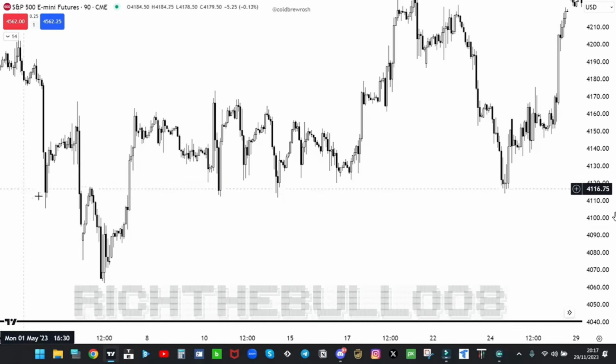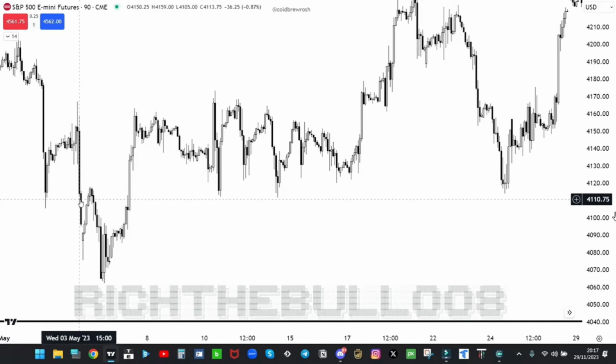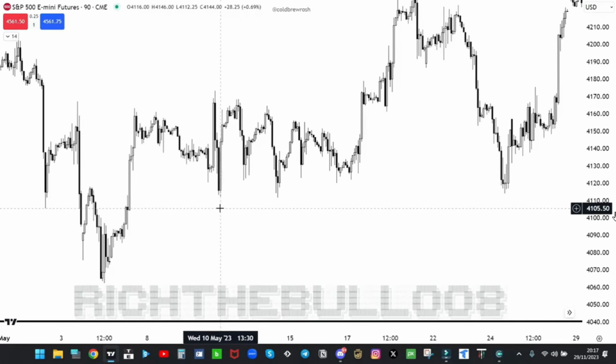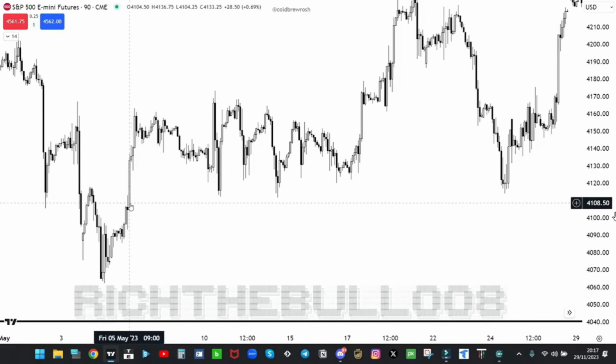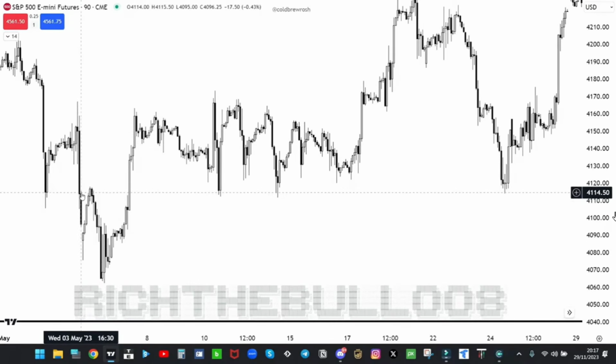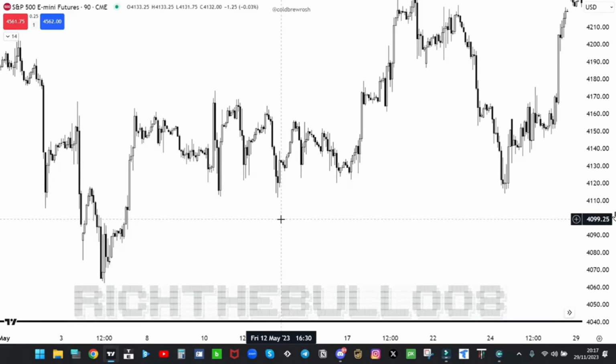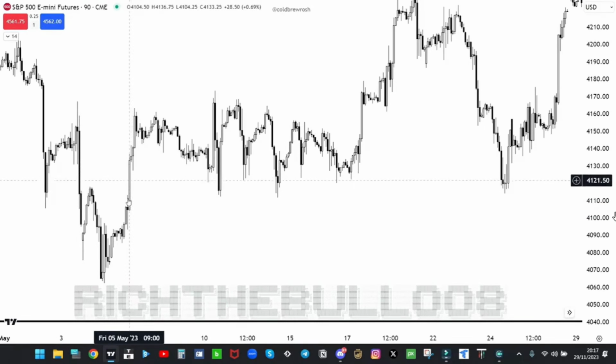This SIBI formed at 3 o'clock. Intermediate low, 12 o'clock. Intermediate low, 12 o'clock. Listen to what I'm saying. Intermediate low, 12 o'clock. 9 o'clock, BISI. 3 o'clock, SIBI.